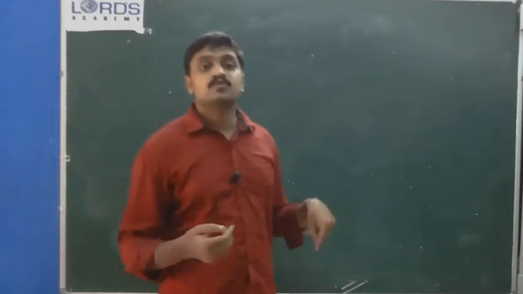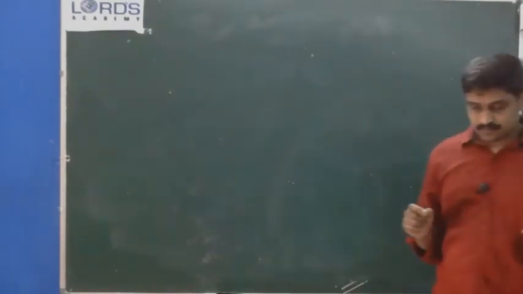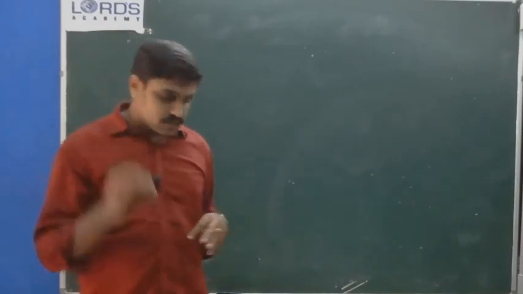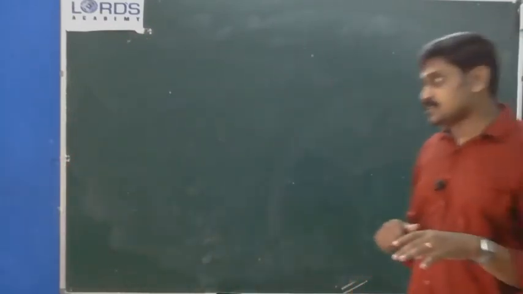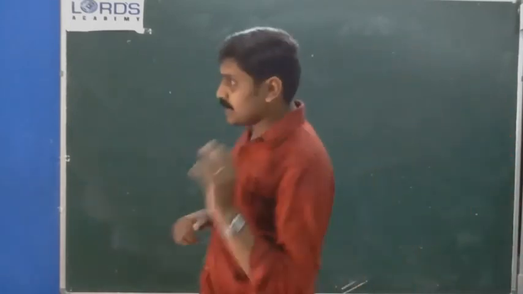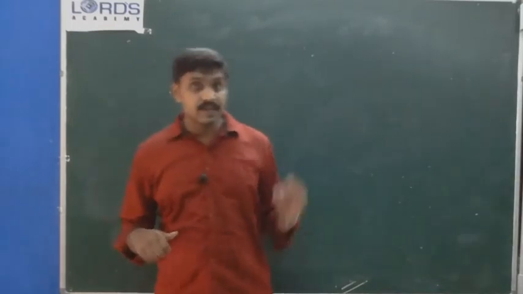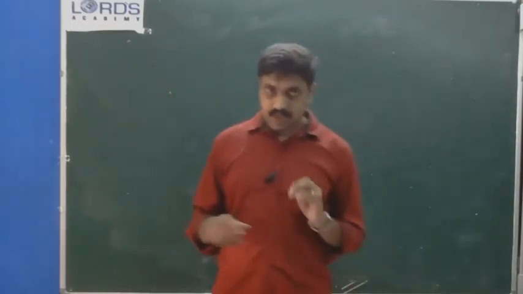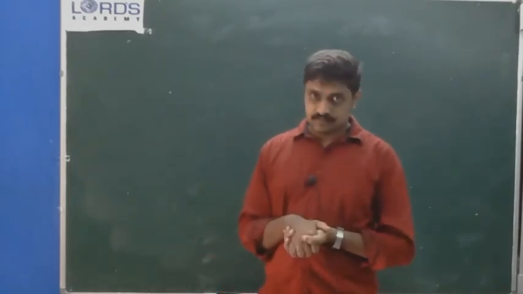By using dimension formula, we can check whether that equation is correct or not. In other words, every equation should be dimensionally correct. Then only the equation is valid.